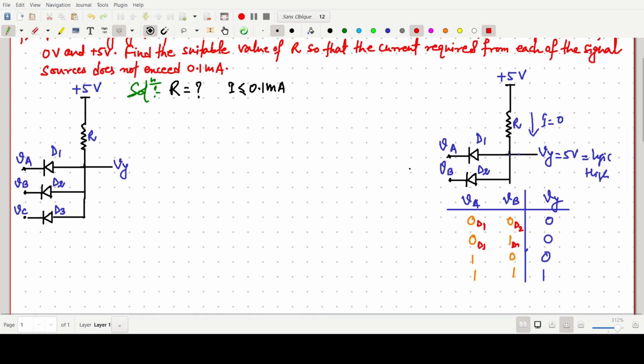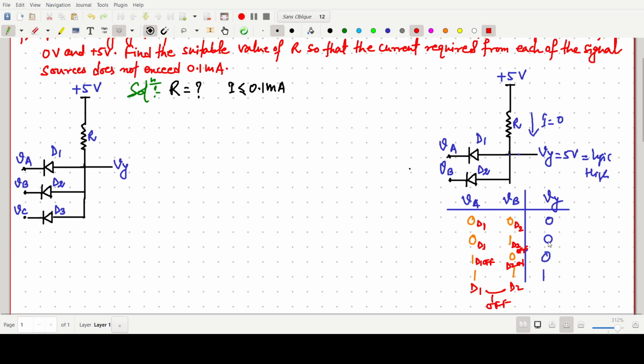Here D2 is off, and here D1 is off and D2 is on. Here both D1 and D2 will be off. Off means it is open circuited, so there will be no path, the I current will be 0, and the same potential will be here. So this is the simple working.